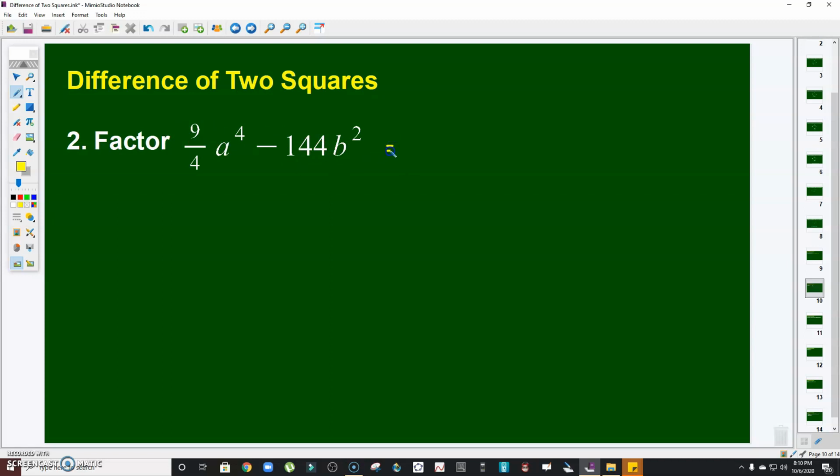What do I mean? By doing that, what will be left is a to the fourth over 4 minus 144 over 9, which is 16, b squared. See that? It's still a difference of two squares, right? So this one will become 9.